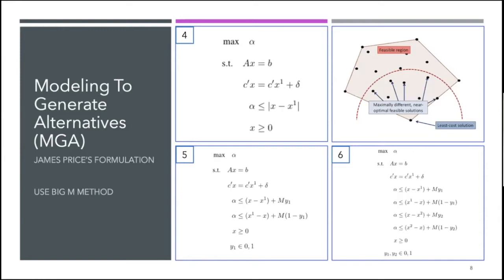The problem becomes too computationally expensive. So in this method, we have to add 2 more constraints that contain a binary variable and 1 binary variable for each MGA iteration, right?